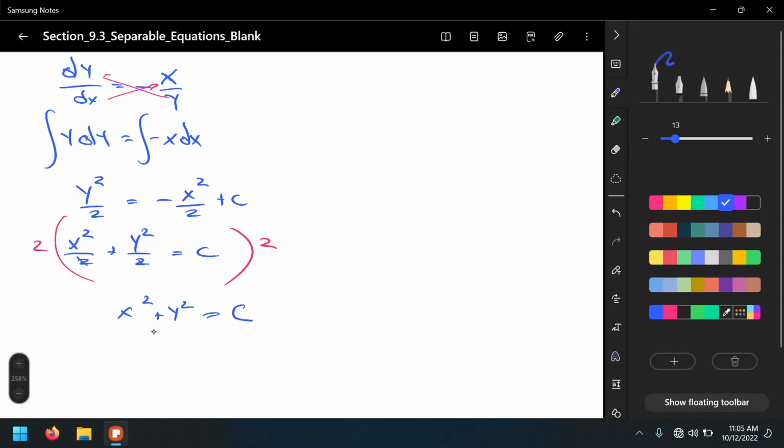Just another constant c. Now, what is this family of functions representing? x squared plus y squared equals a number. It's a circle, right? Depending on the value of c, 9, 16, 64, 625, your favorite number. So, circles.